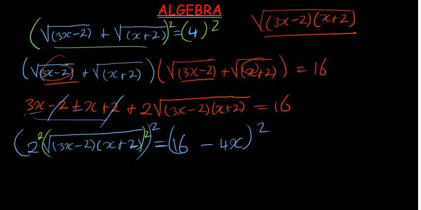So what will basically happen is that you're going to have 4 open bracket, then 3x minus 2, then x plus 2, is equals to, when you expand this, 16 by 16. You say 16 by 16, that will give you 256.